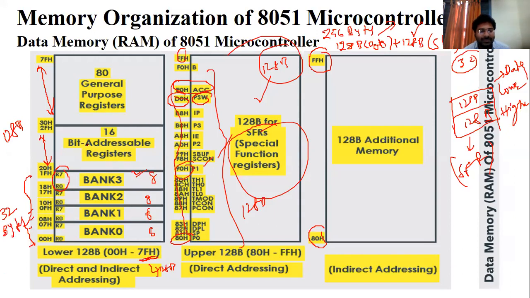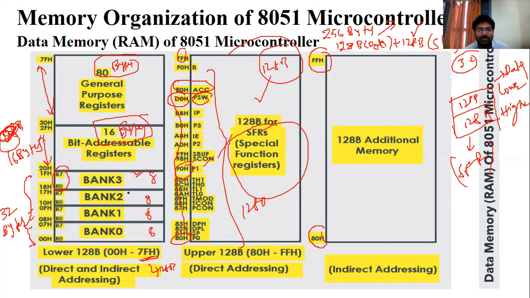Remaining 16 bytes, see this remaining 16 bytes, and these are the 80 bytes remaining. 16 plus 32 is 48, remaining 80. This is a total of 128 bytes.